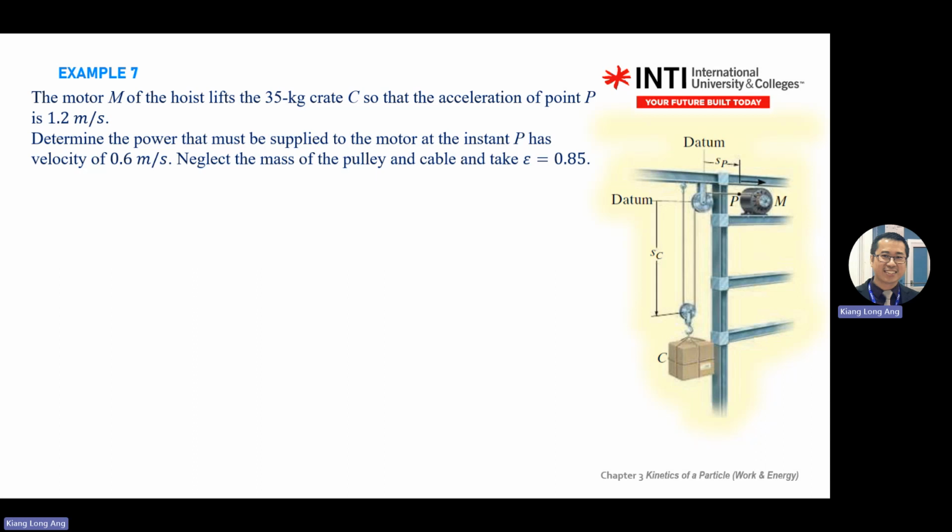Power equals force times velocity, or dU/dt. You only write dU/dt when you see U in equation form, like U equals something like 4t plus something. If you don't see anything about a U equation, you straight away write P equals Fv.